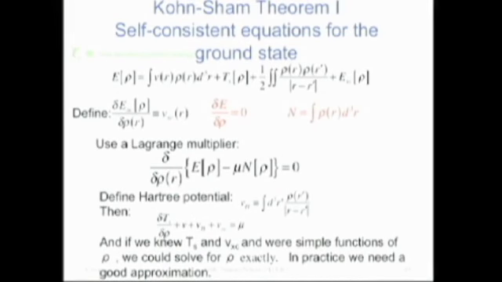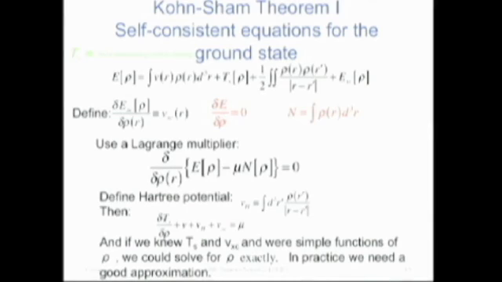And we're going to make some more definitions. We're going to define the Hartree potential to be this integral of the density divided by R. Then we can show that we have this equation that needs to be solved: the functional derivative of the kinetic energy with respect to density, plus the electron-nuclear potential, plus the Hartree potential, plus the exchange correlation potential, is equal to this Lagrange multiplier.